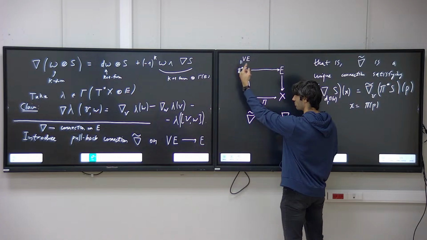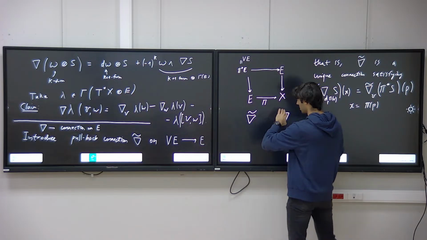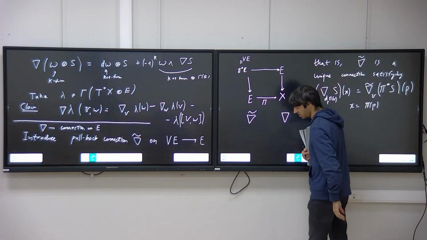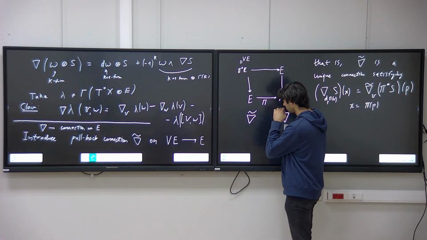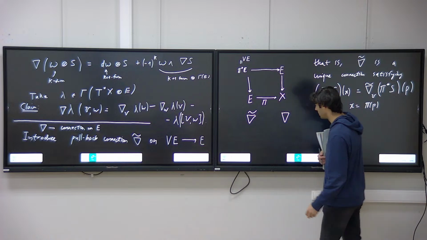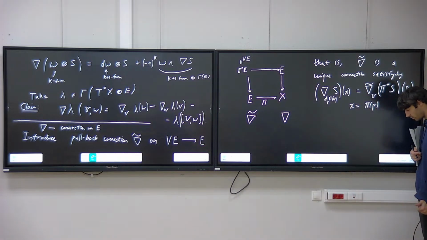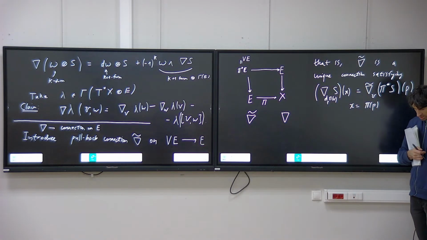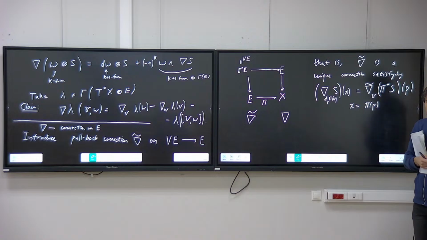This will give you a local basis on VE and a local basis of the cotangent bundle of your section, and then you just say my Christoffel symbols in this pullback basis are just the same. That's how you define nabla tilde.